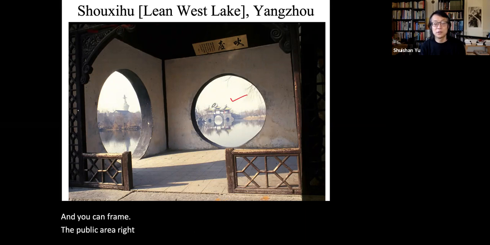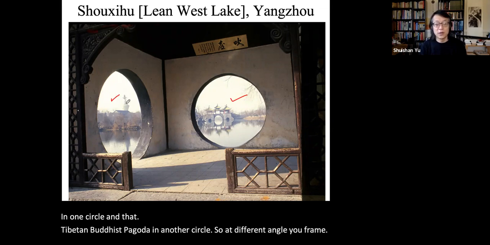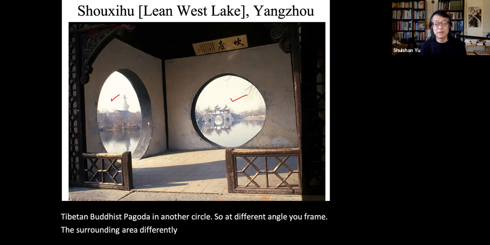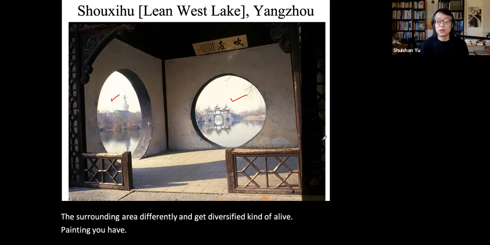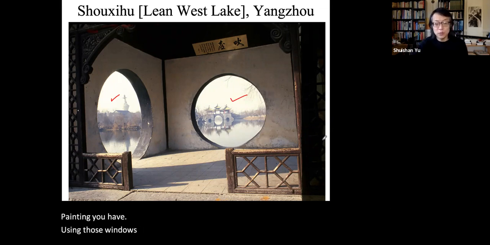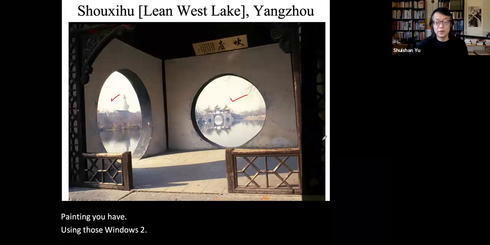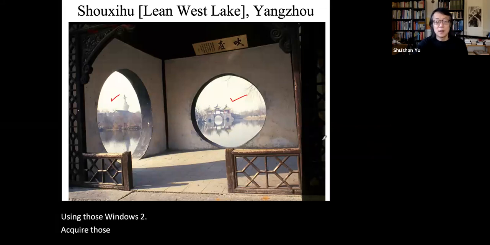So you see that roofed bridge in one circle, and that Tibetan Buddhist pagoda in another circle. So at different angles, you frame the surrounding area differently and get diversified, kind of a live painting using those windows to acquire those paintings in life and changing perspective.